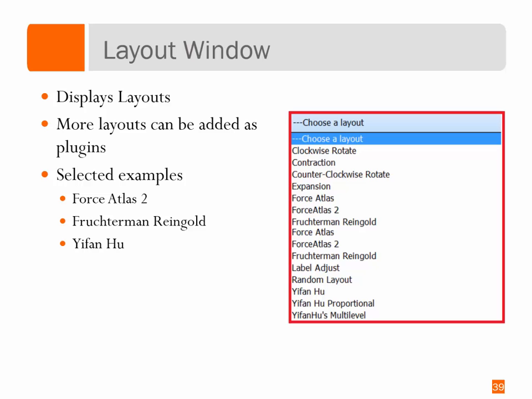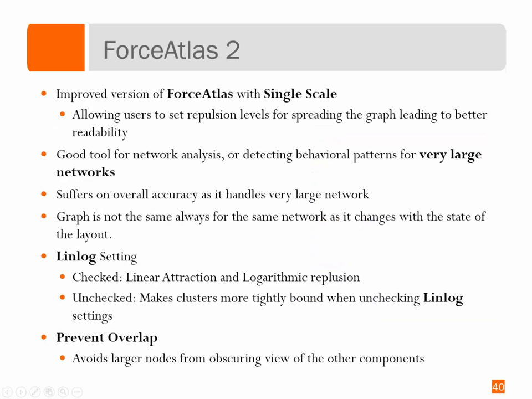Some of the selected examples that we're going to take a look at: the first one, the Force Atlas II, second, Fruchterman Rheingold, and then the Yifan Hu. So the Force Atlas II, we've provided some guidelines for when you want to use this particular type.